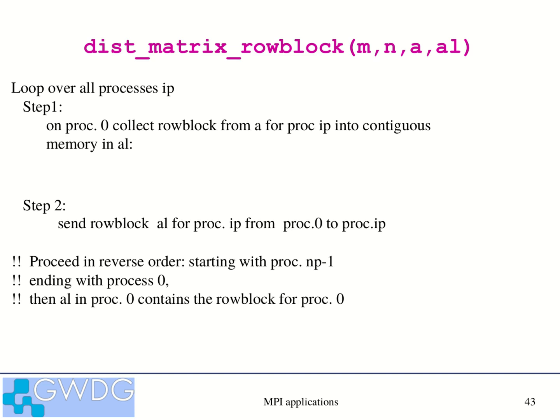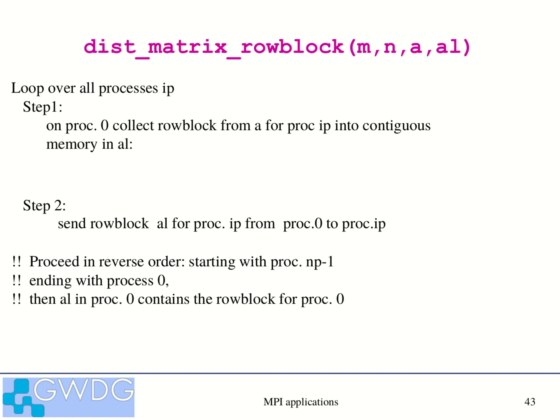So that's written here again on process 0. Collect the row block, contiguous memory in the local array AL, and then you send this AL from process 0 to process IP.